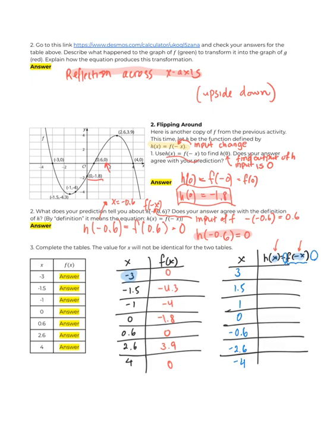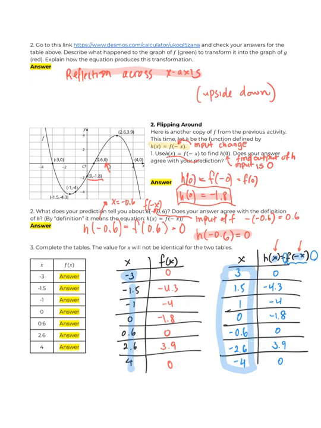There's no negative sign in front. We're not adding anything behind the f of negative x. So the outputs actually stay the same. The only thing that changed is the input values and how they are now negative.